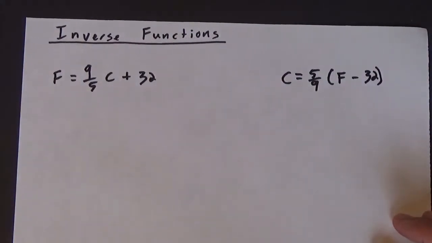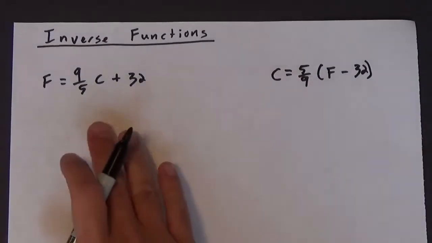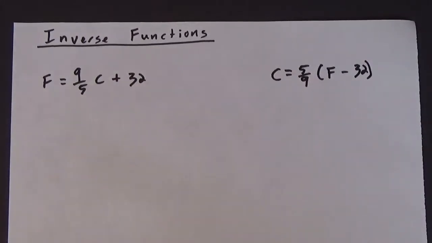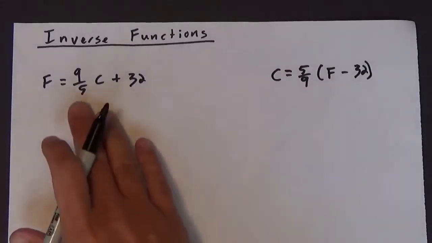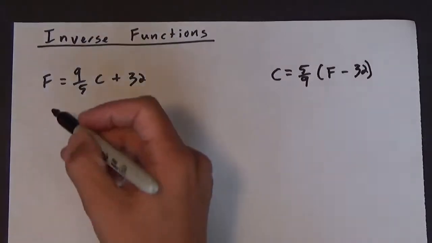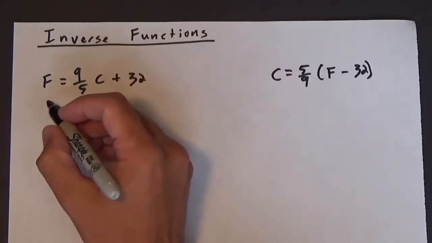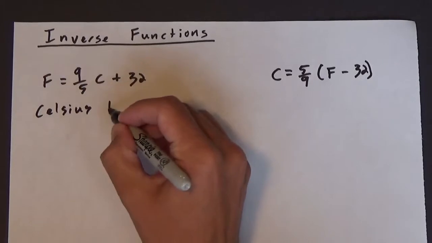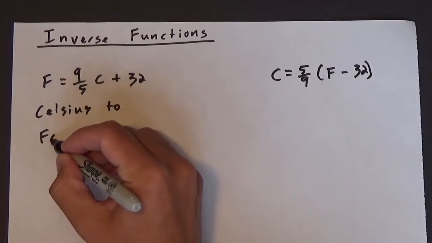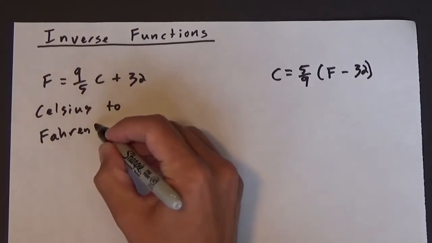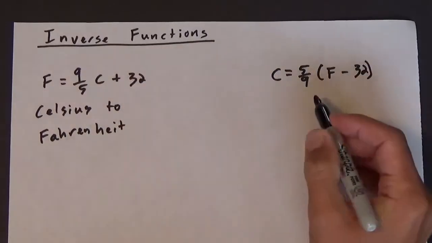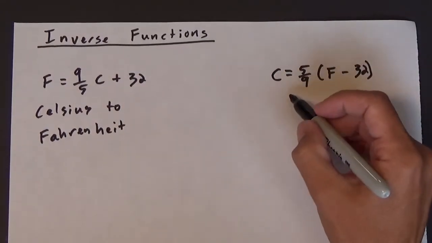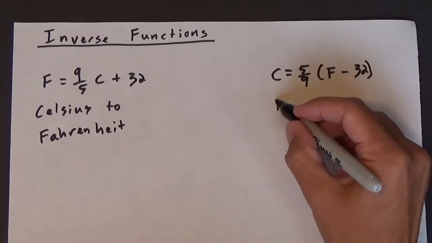Now I assume most of you recognize this because you'll have seen it from science. This is the formula to convert Celsius to Fahrenheit, and this is the formula to convert Fahrenheit to Celsius.